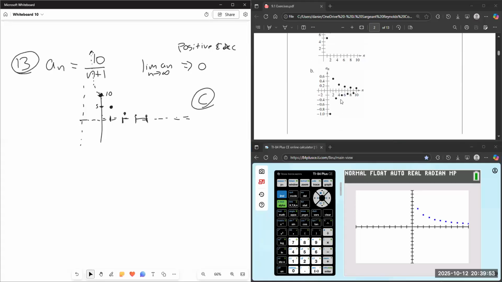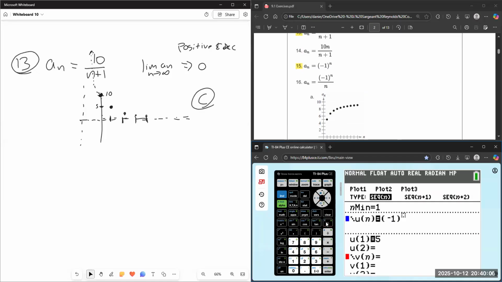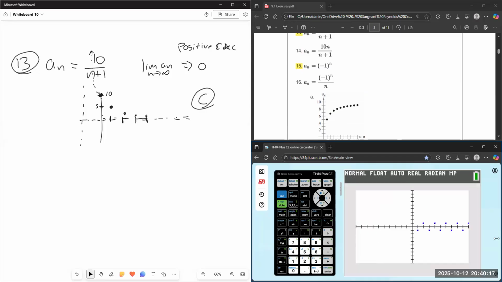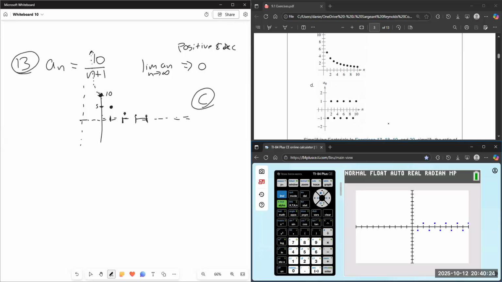All right, let's look at 15. -1 to the n, and we'll be starting at -1 and graph, and you see that it just bounces back and forth and back and forth, and that's what D does.